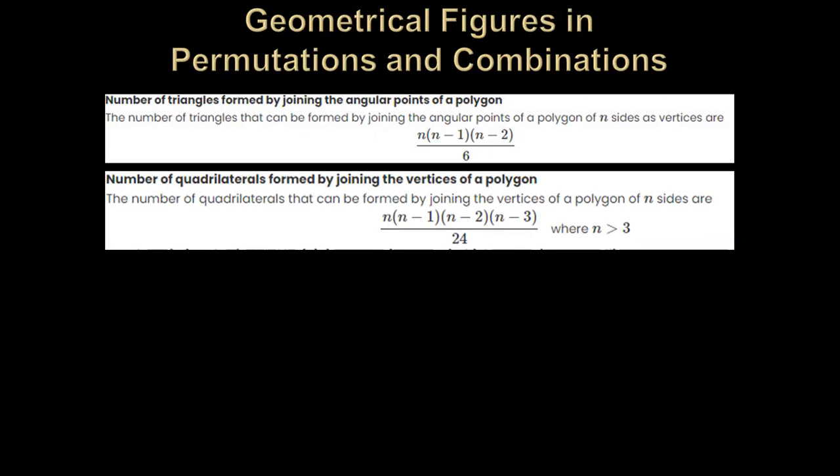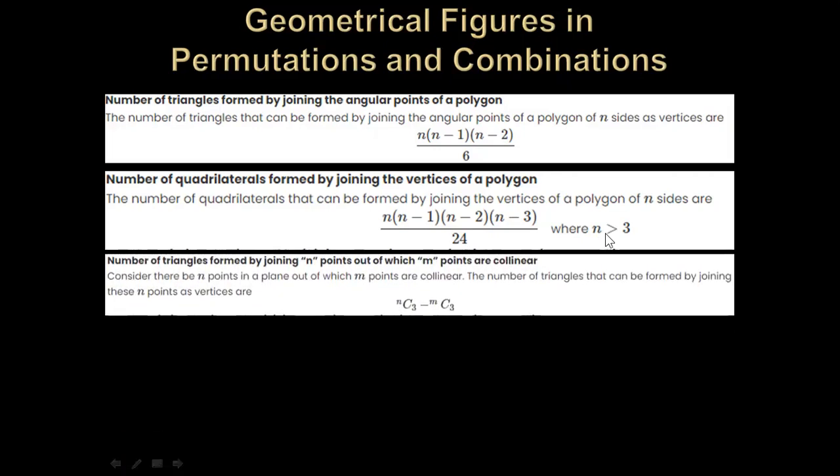The number of quadrilaterals that can be formed by joining the vertices of a polygon of n sides is n multiplied with the quantity n minus 1, n minus 2, n minus 3 all over 24, whereas n is greater than 3.